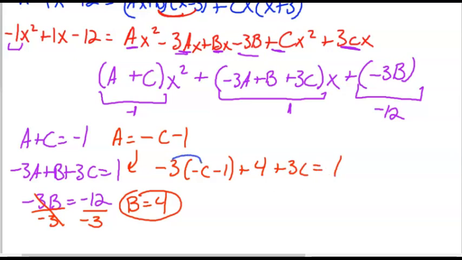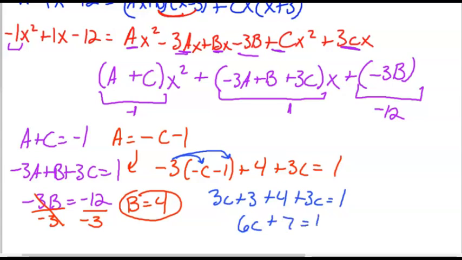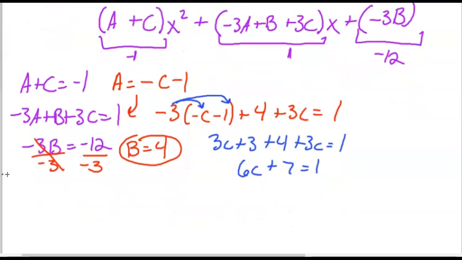Okay, let's distribute, combine like terms, and then solve for c. We have 3c plus 3 plus 4 plus 3c equals 1. 6c plus 7 equals 1. Subtract 7 from each side. 6c equals negative 6. Divide each side by 6. c equals negative 1.